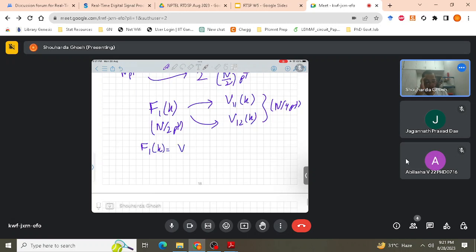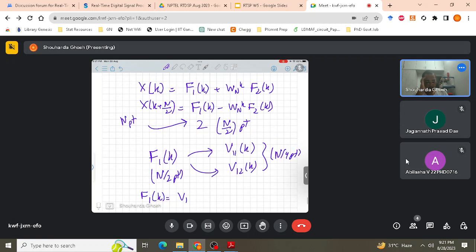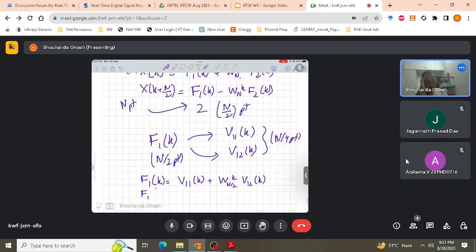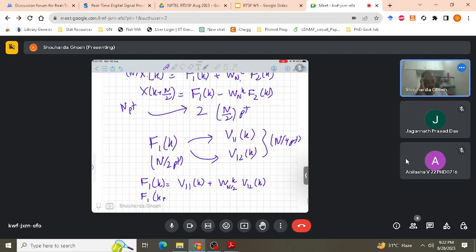F1 of k will be, just look at the previous one, V11 of k plus W of N by 2 over k V12 of k. And F1 of k plus N by 4 is V11 of k minus W of N by 2 of k V12 of k.